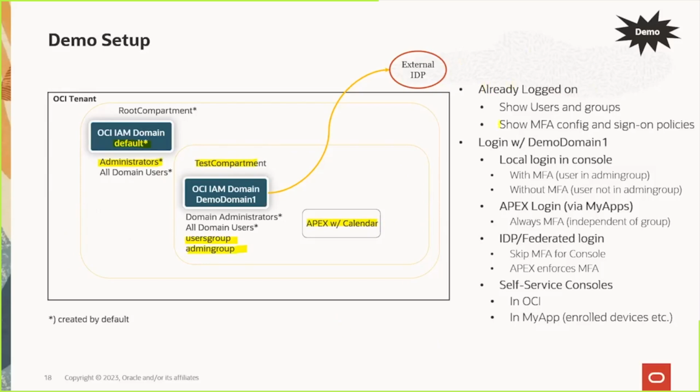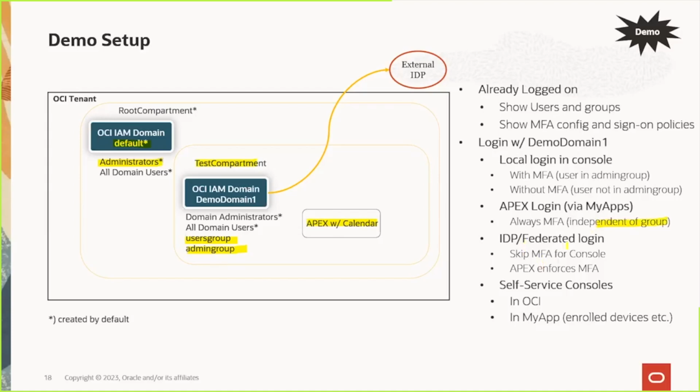I will first show the general config of this tenant with the policies and domains and the structure and the MFA. And then I will take a demo user. I will always take the same user and put it in a different group to show the different behavior: how MFA is enforced, how MFA is not enforced, depending on the group membership, and how the Apex is enforcing MFA even if the user is only in the users group and not in the admin group, so independent of any group membership.